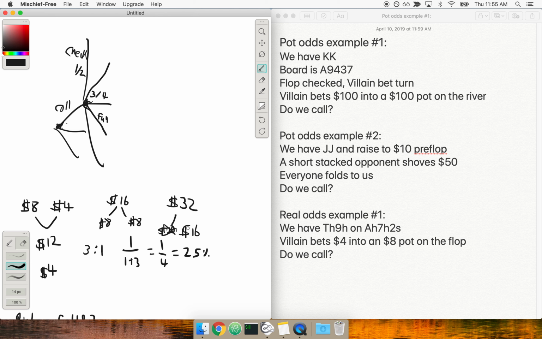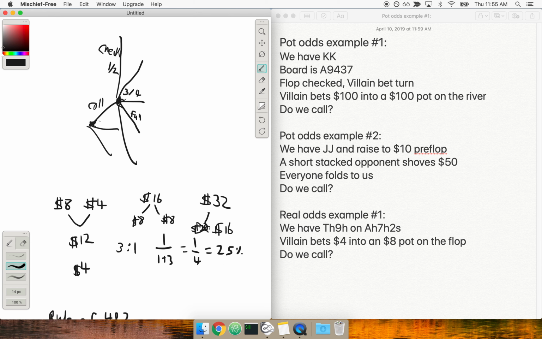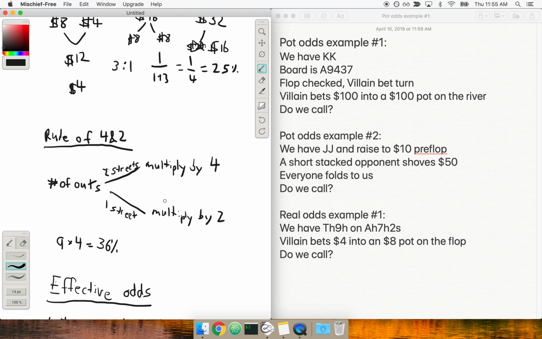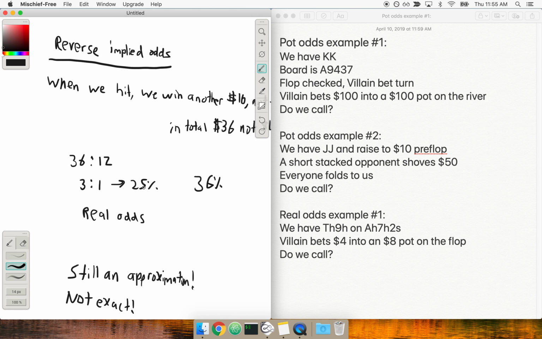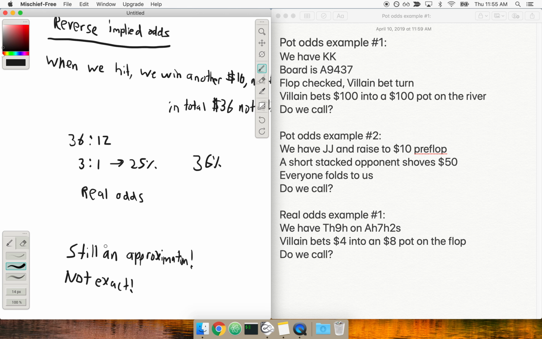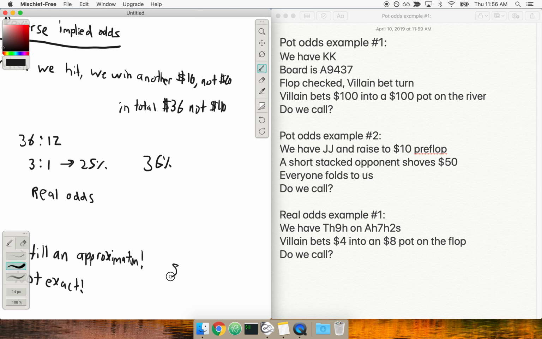How much should we reduce it based on the reverse implied odds? I made these numbers up, so it looks like a lot of math and a lot of thorough analysis, but it's not exact. However, with that said, it's an approximation. It's not exact, but it's still pretty good.